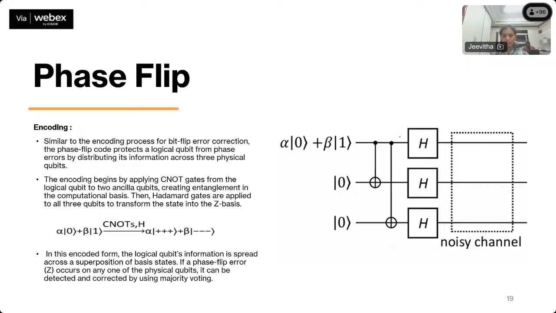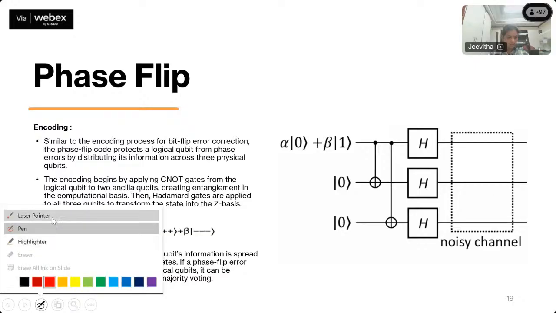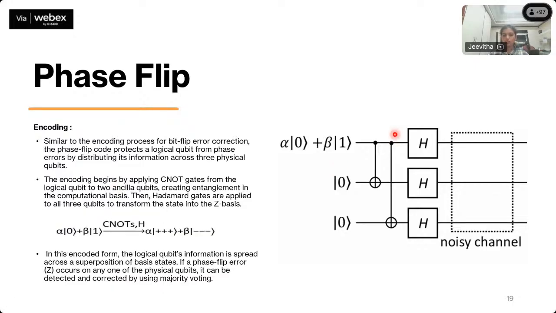Until here it is the same as the encoding of the bit flip, but since there is a phase flip error, if it is in the computational basis, it won't be able to detect. So we are applying the Hadamard gate. After this, you're going to get it into the Z basis, so when noise is applied to it, it can easily detect.